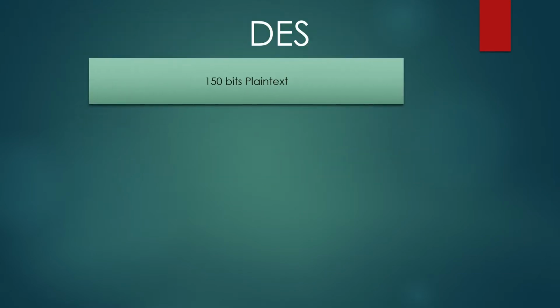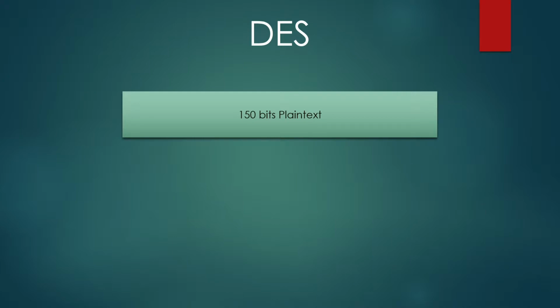Let's say we have a plaintext of 150 bits. The 150 bits of plaintext will be divided into 64 bits, which would result in two whole 64 bits blocks, and a partial block with 22 bits.